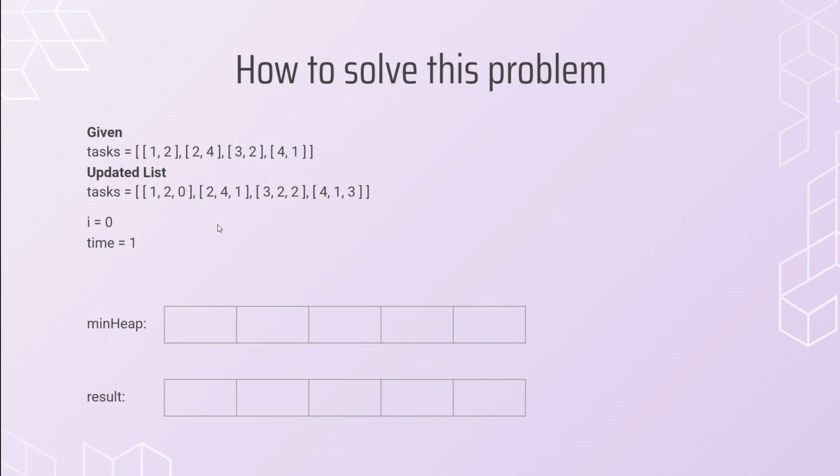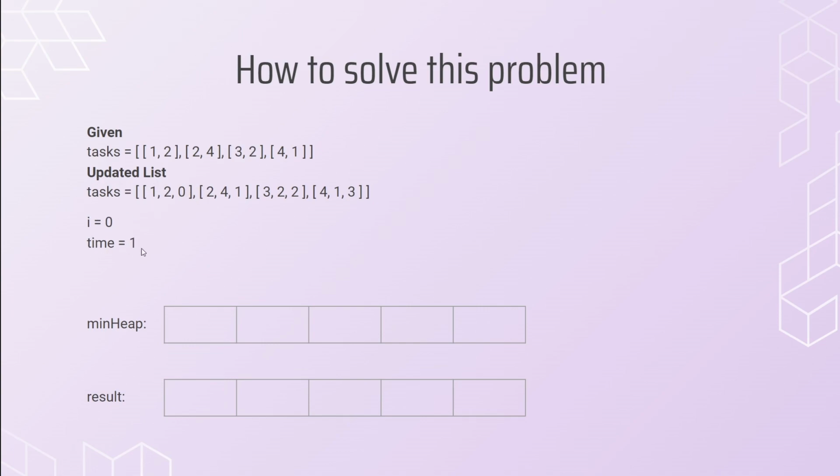Okay, so the first thing that happens here is I check if the time value here, so 1, is equal to or greater than the time value for the ith index. So the time value for the ith index in tasks is 1.